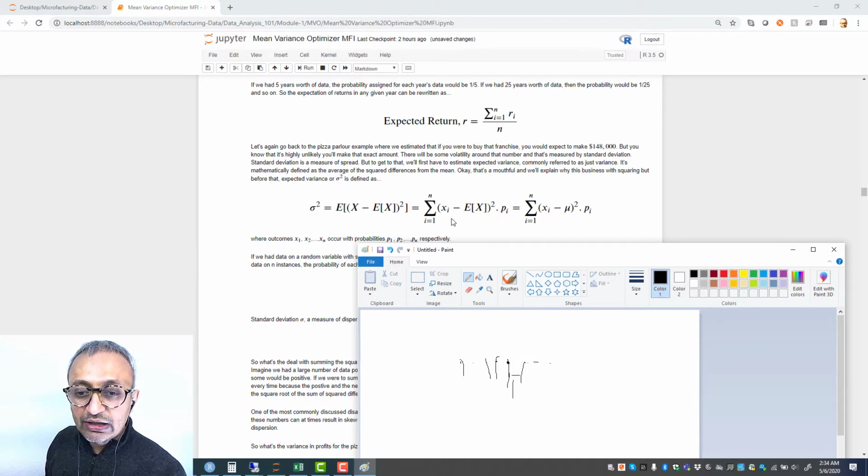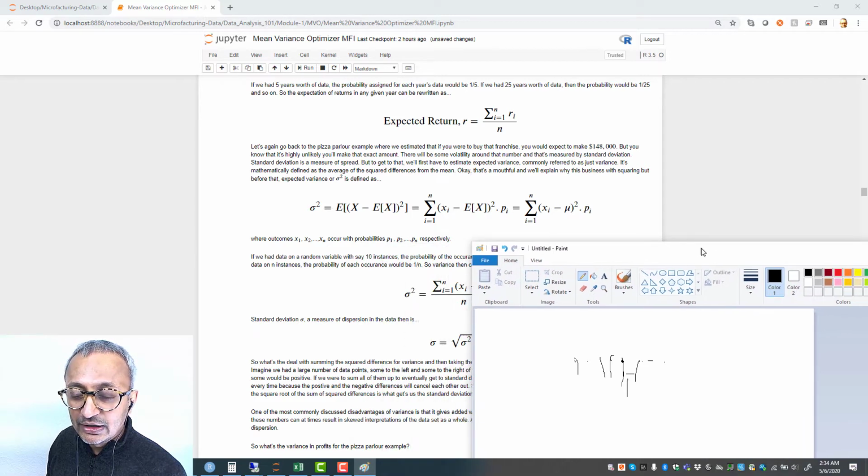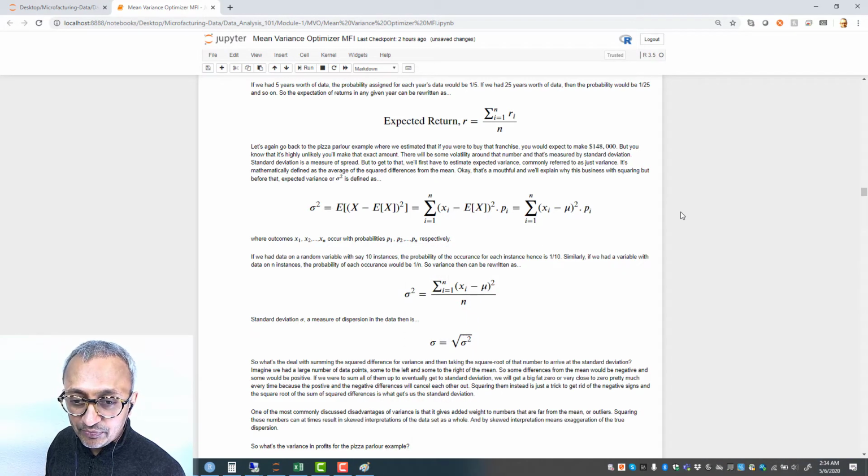So that's why expected means you have to sum, because you want to see the expected value of the difference of each number from its mean. I'm not sure how clear it is, but if you think about it, it's pretty evident what I'm trying to say here.